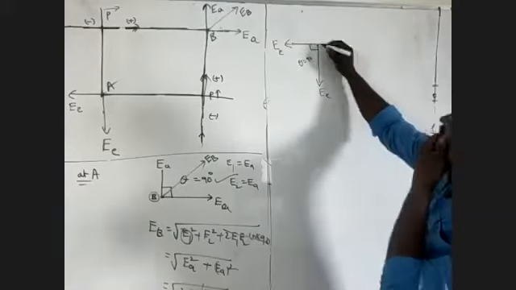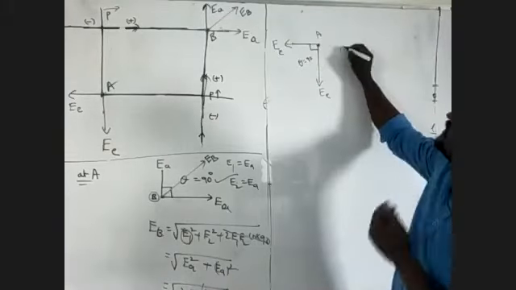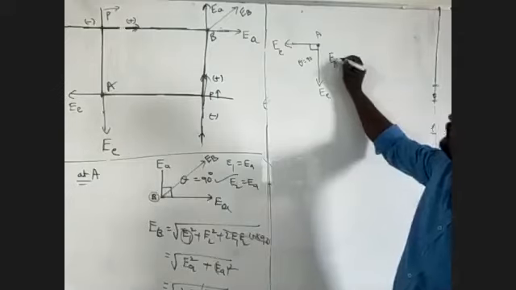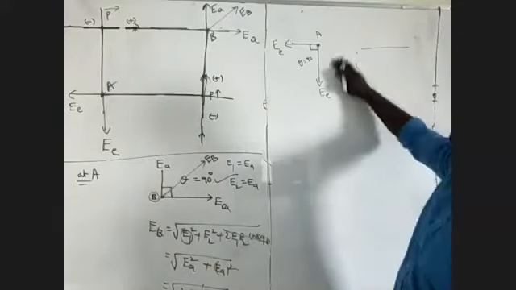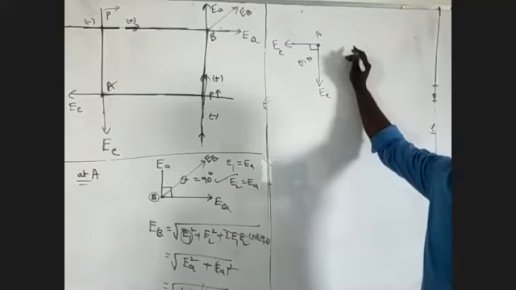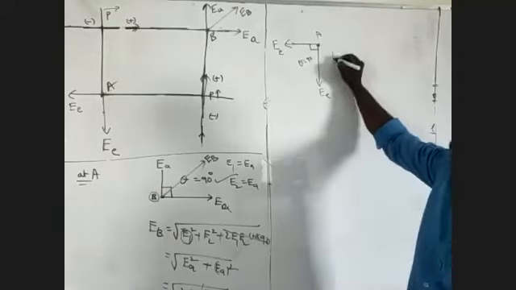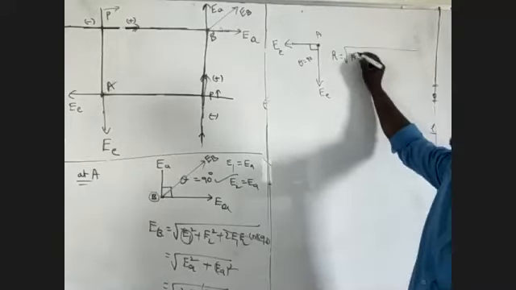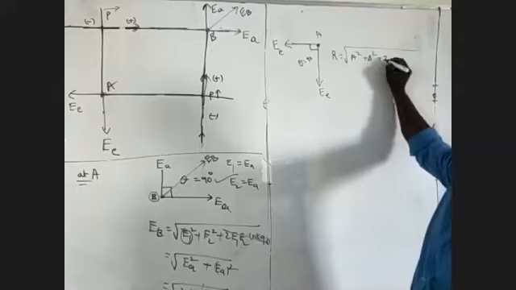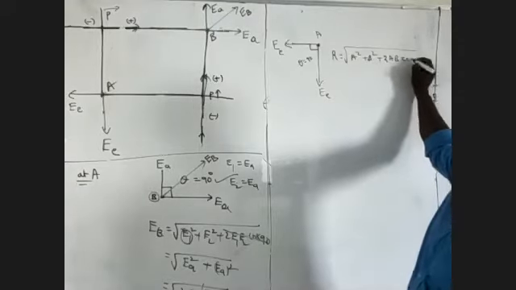What is the resultant at the A point? Do you know the parallelogram law? You studied it in the first year. The resultant ER is equal to the square root of A square plus B square plus 2AB cos theta.